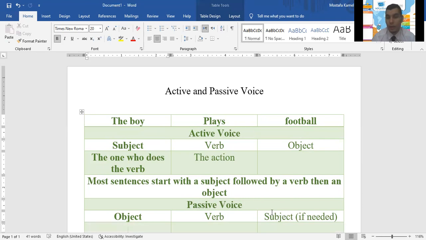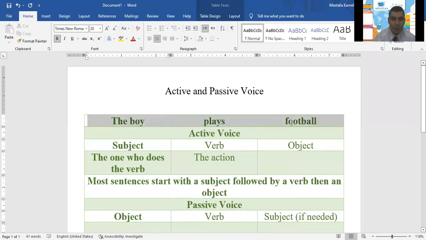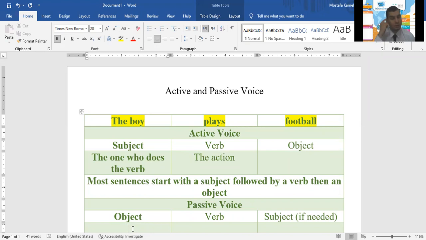So allow me to ask Hamza Ahmed. Hamza, where is the object in the first sentence? In the end. What is it? Tell me.